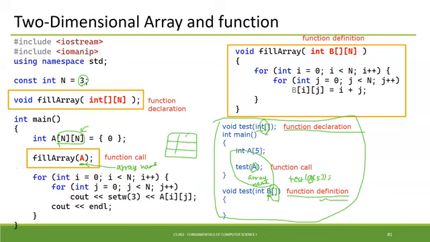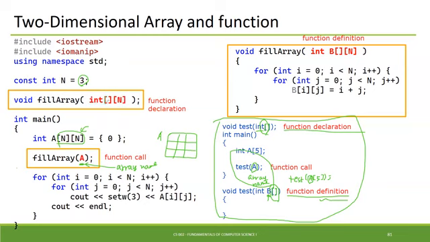This is A. Then in the definition and in the declaration, you should provide 2 brackets. 2 brackets mean 2 dimensions. If you have only one bracket, then it is a one-dimensional array, so it is an error. You should provide the 2-dimension information.